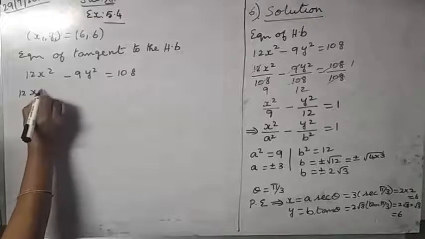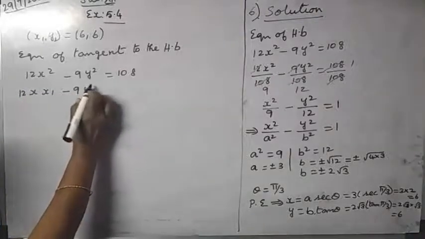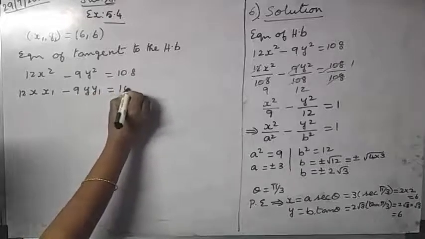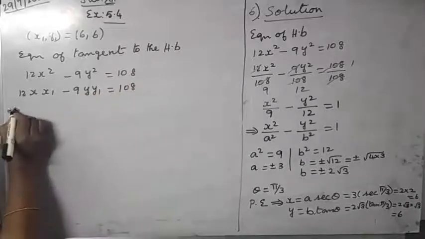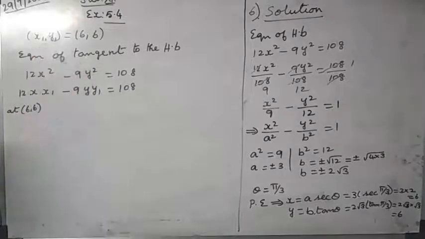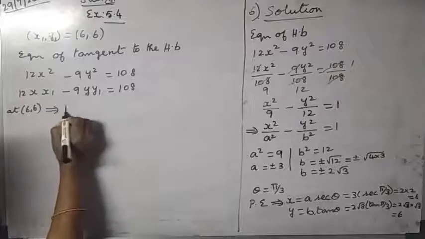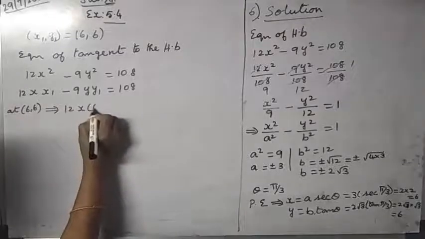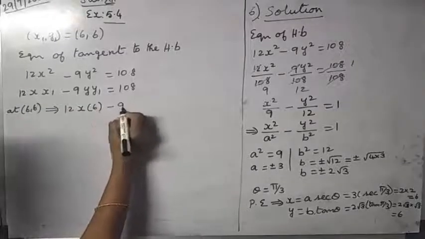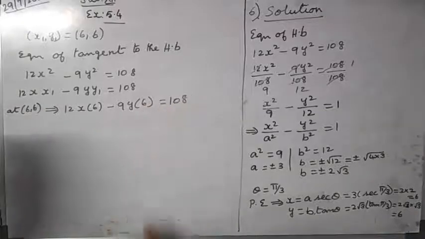So 12x x1 minus 9y y1 is equal to 108. Now at 6 comma 6, that is x1 comma y1 is 6 comma 6. Substitute these values here. So 12x into 6 minus 9y into 6 is equal to 108.